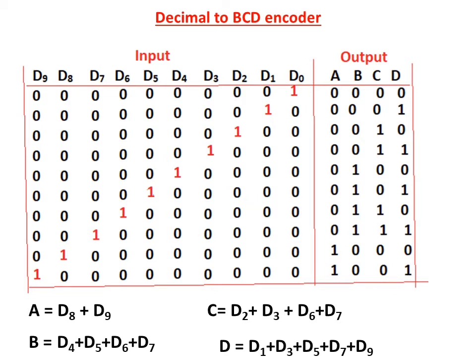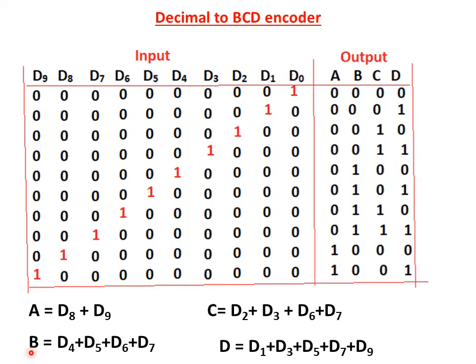Now we are getting an expression from the truth table for output A. For output A, it's high at D8 and D9 combination. So we are writing the output A is equal to D8 plus D9. Similarly, output B is high for D4, D5, D6 and D7.